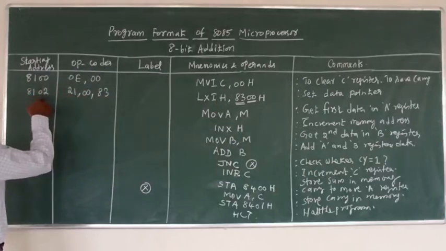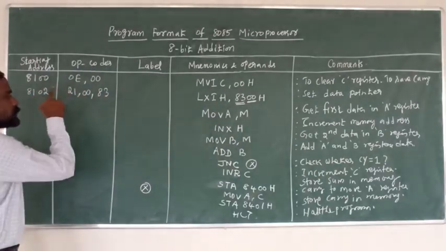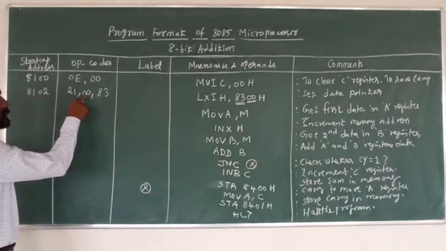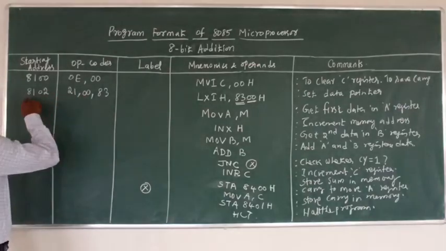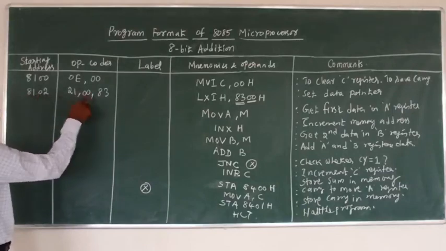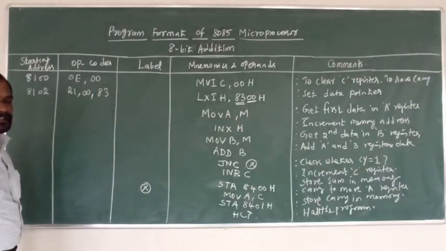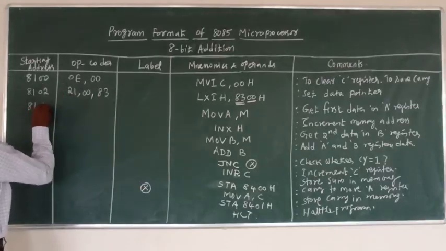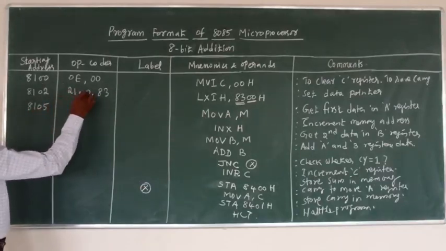So at 8102 the data is 21, at 8103 the data is 00, at 8104 the data is 83, and the next address is 8105.